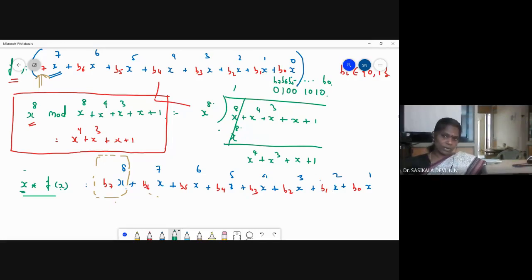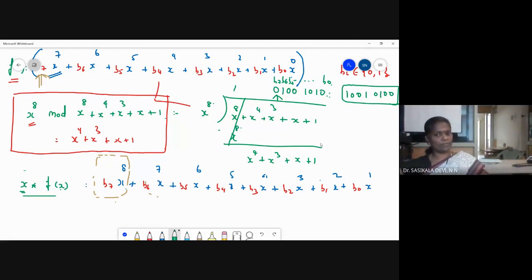If you multiply it, it's simply a shifting. So x into f of x is nothing but a shift operation: 1, 0, 0, 1, 0, 1, 0, 0. So this is actually a simple shifting if the b7 bit is 0. If b7 bit is 0, multiplication by x is a single shifting.